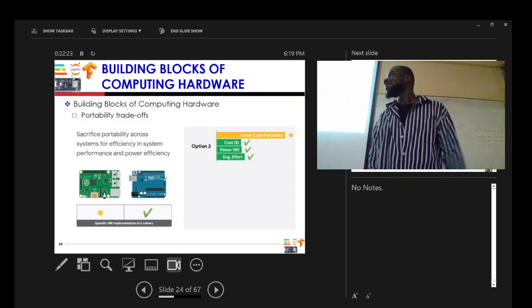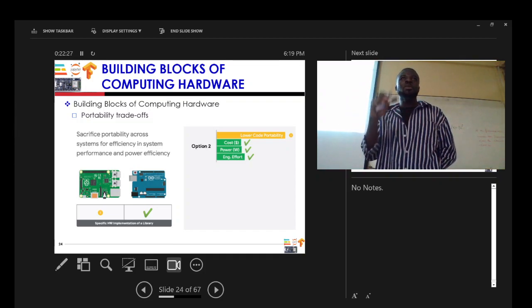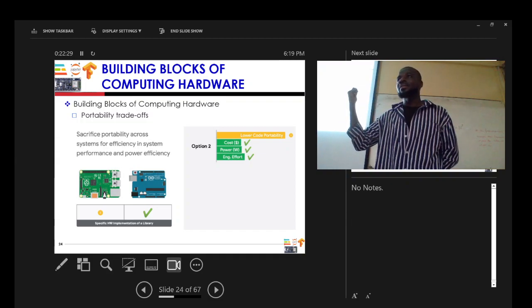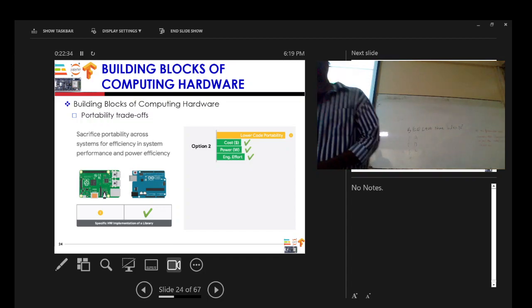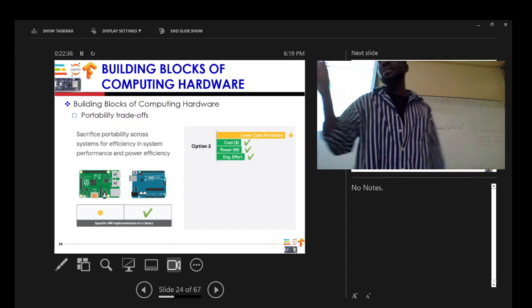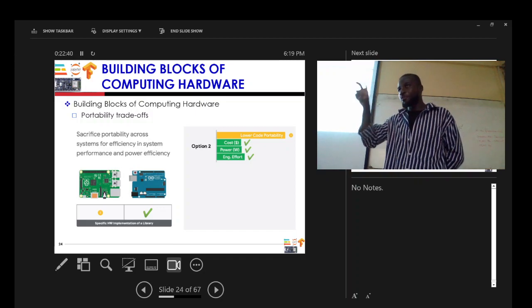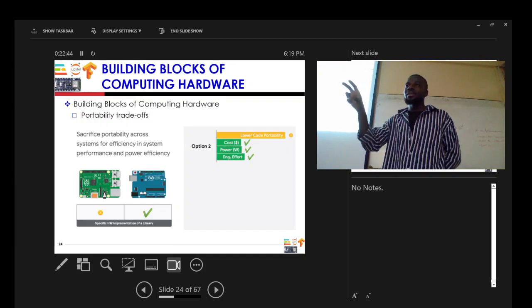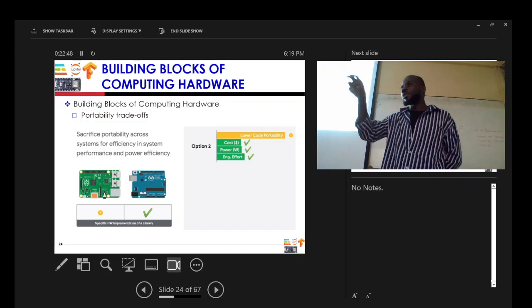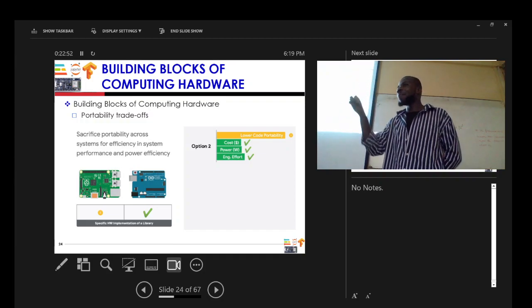When I was showing you how to run codes on your Arduino board, the one I brought, I told you that you needed to download a specific library for that board alone. That library is specific to that board. Without that library, and you writing code for that library, the board cannot work. So it depends on the library you are using.